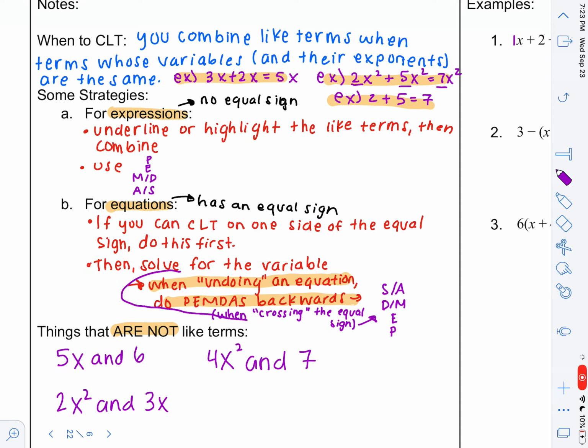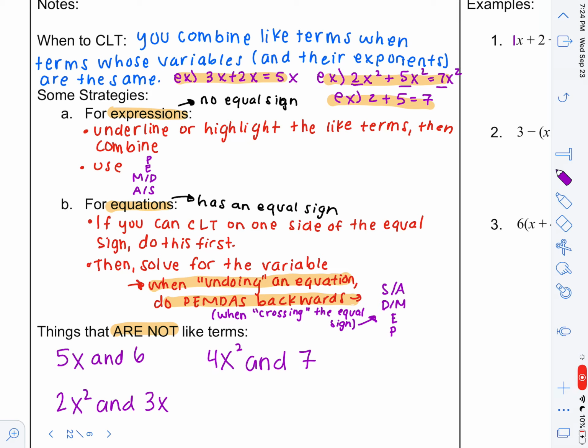When you're undoing an equation, you're going to do PEMDAS backwards. When you're crossing the equal sign, first you're going to either subtract or add. Then you're going to either divide or multiply. Then you're going to worry about the exponents and the parentheses. I'll explain that next lesson, because we're not going to do equations in this lesson.